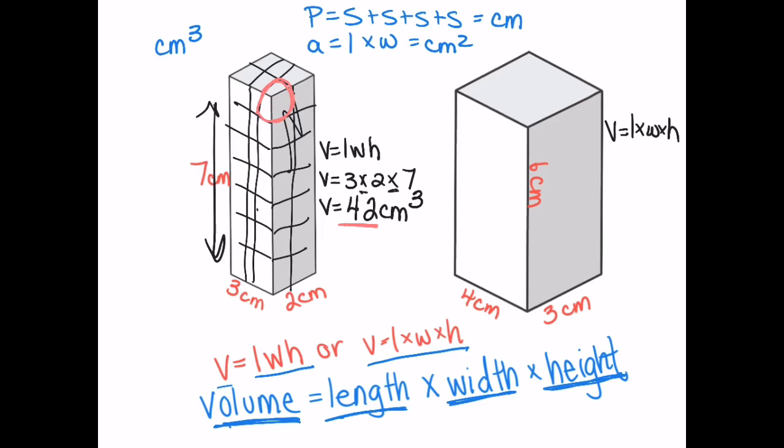But let's stay with 4 centimeters times 3 centimeters times 6 centimeters, which would give us 4 times 3 is 12, and 12 times 6 is 72. So we would have 72 centimeters cubed as our answer. So volume equals 72 centimeters cubed, and having this cubed is very important.